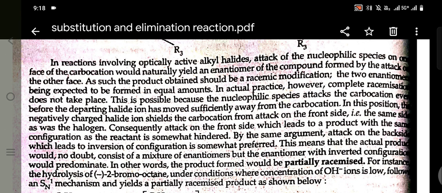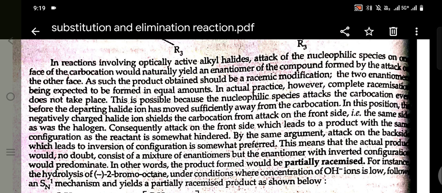In reactions involving optically active alkyl halides, attack of the nucleophilic species on one face of the carbocation would naturally yield an enantiomer of the compound formed by attack on the other face. As such, the product obtained should be a racemic modification.